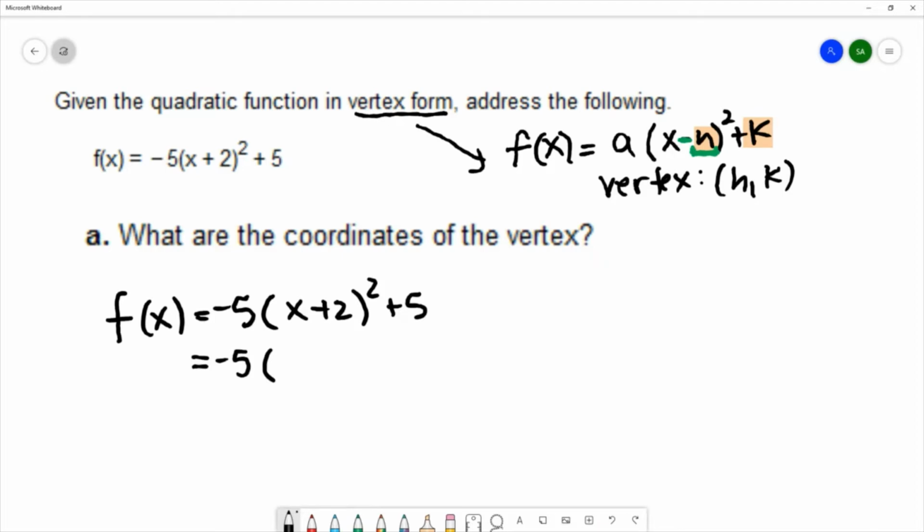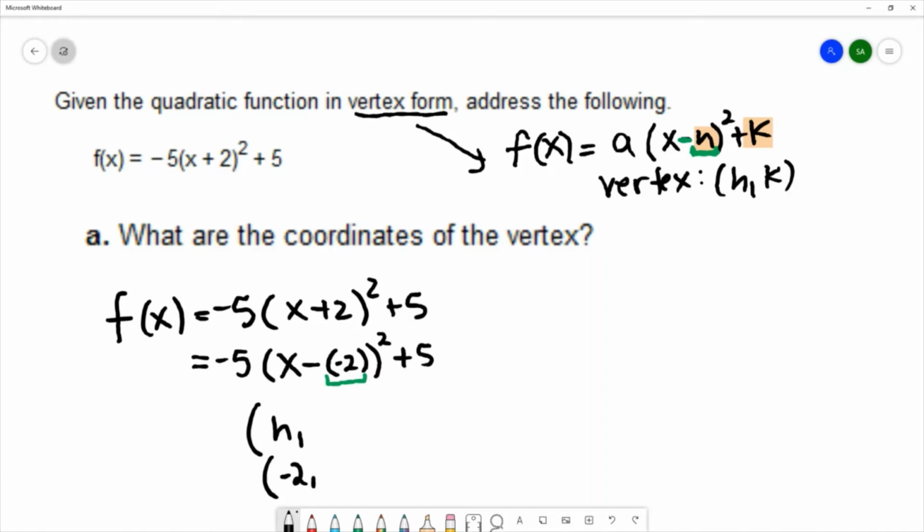Every addition can be written as subtraction in the following way. You could write x minus a negative. And when you subtract a negative, that's the same thing as adding. So now I can see that the value following the minus sign is negative 2, and that's going to be h.